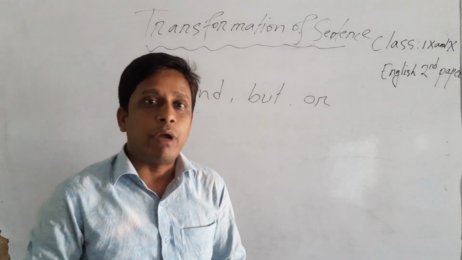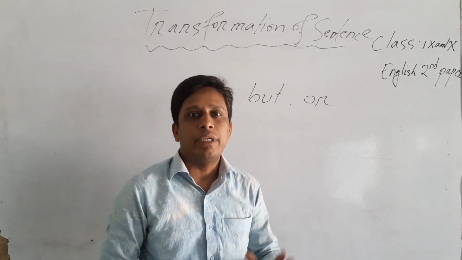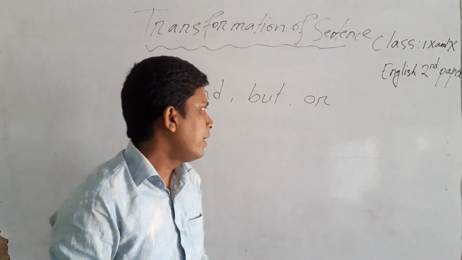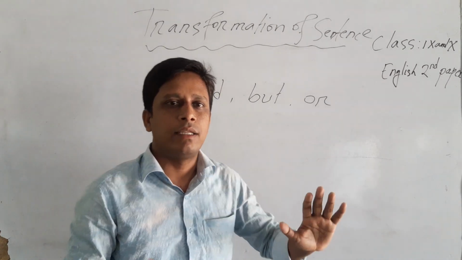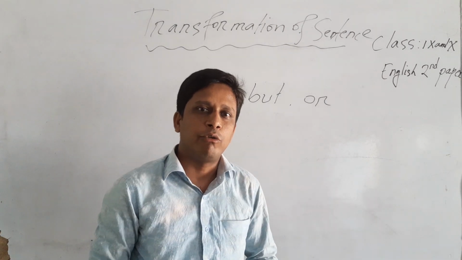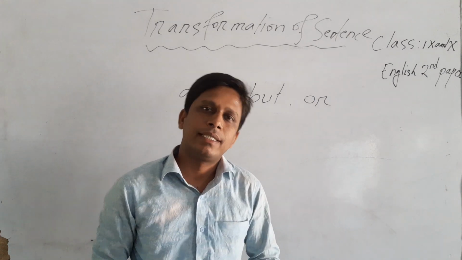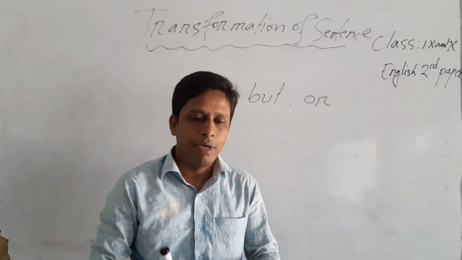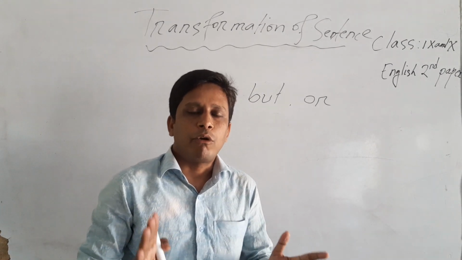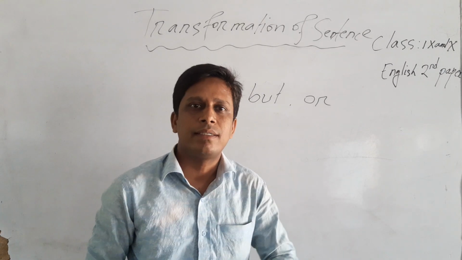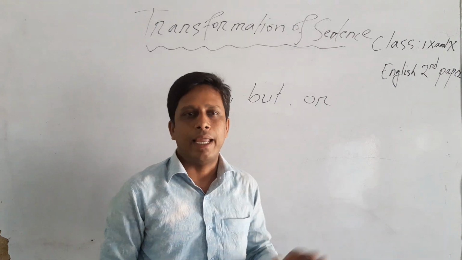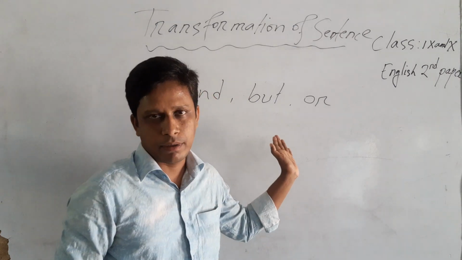And if you have a sentence without any conjunction, and, but, or, and the conjunctions used in complex, then we may call it a simple sentence. I mean that in a simple sentence there is no conjunction like in compound or complex.